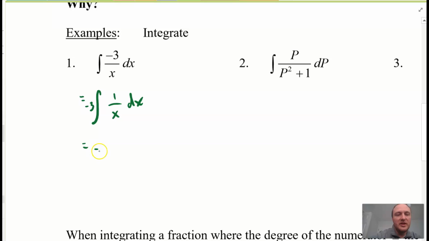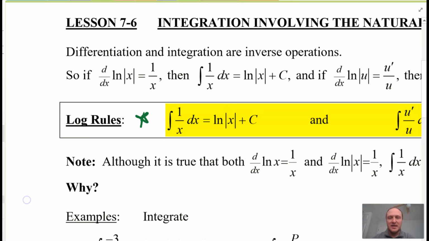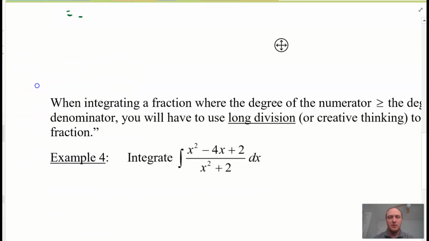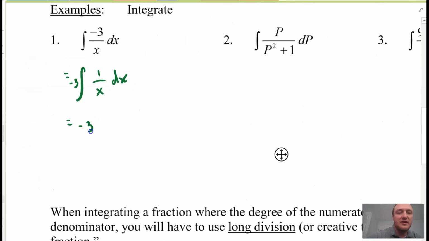Okay, so what is the integral of 1 over x dx? Well, it's the natural log of the absolute value of x. So I have -3 times the natural log of the absolute value of x plus c. Okay, and there is our answer. That's it.